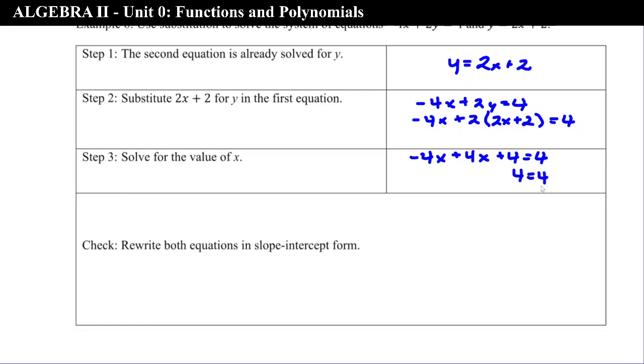We can't solve for our variables again. But we do have a 4 equals 4 statement. And this time, the statement 4 equals 4 is true. This means that we have infinitely many solutions.